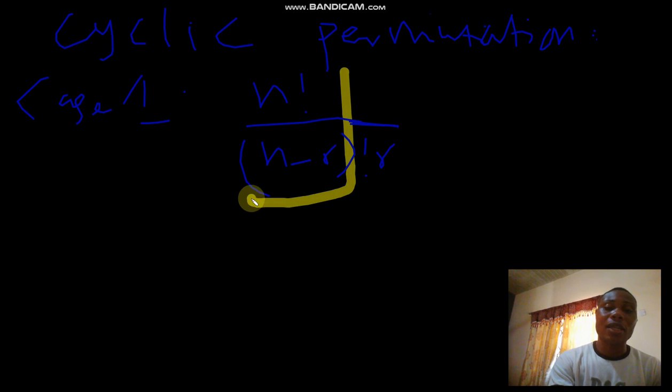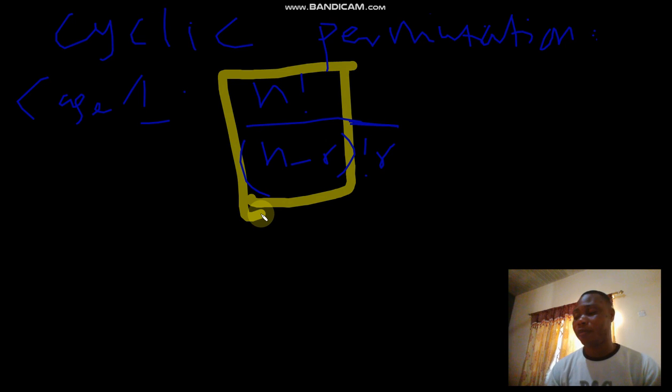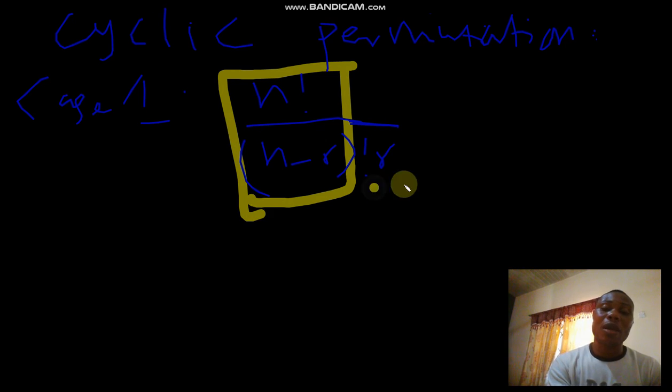It is given as n factorial over n minus R, all factorial, times R. This is just the formula for n permutation R, and since they are in a circle, you multiply the denominator by R. That is all.